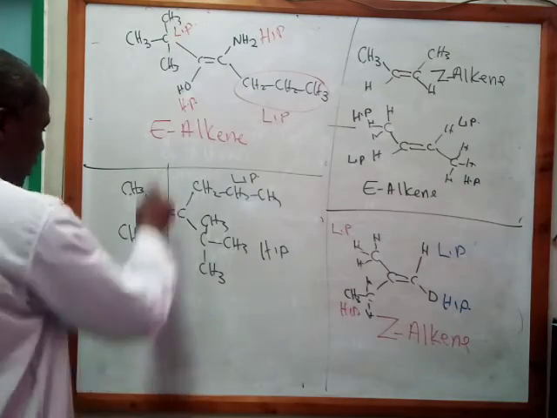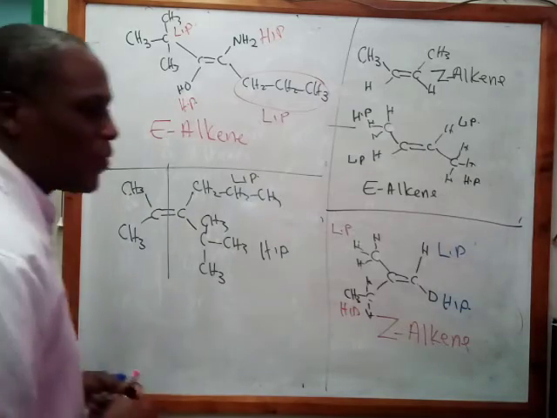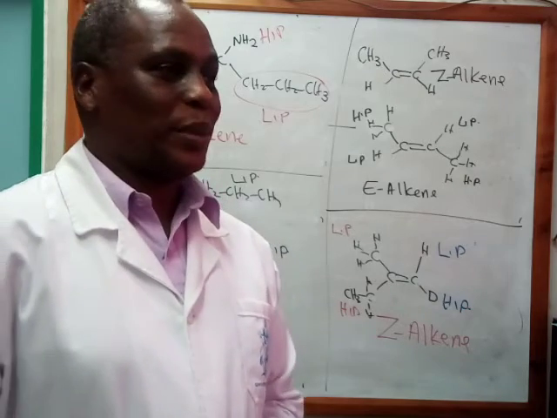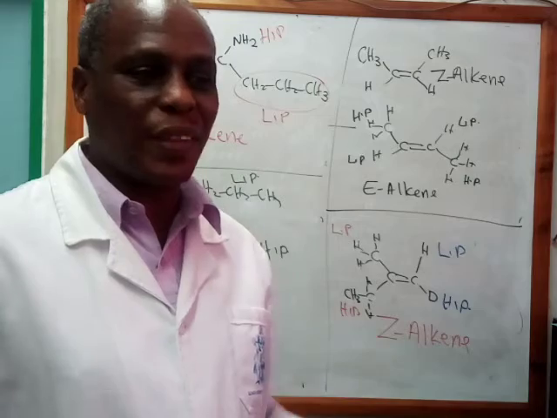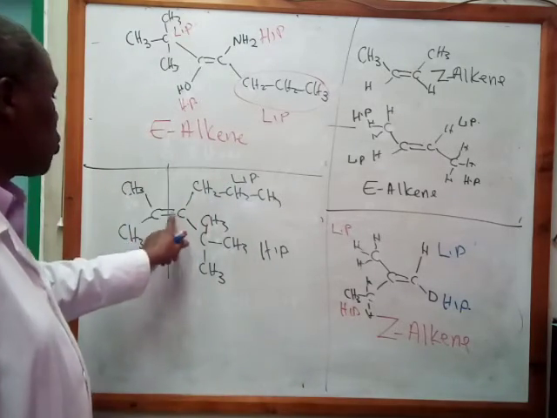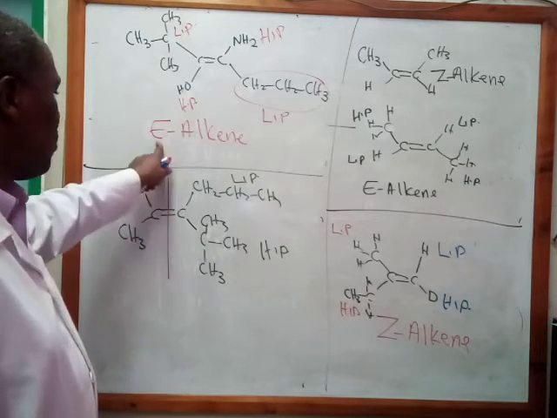It's like a latitude, yeah? So either on the left or the right, if you have two similar groups, then you cannot use E or Z. E or Z can never be used. So in this case, you are simply going to name your alkene without putting the E or Z before.